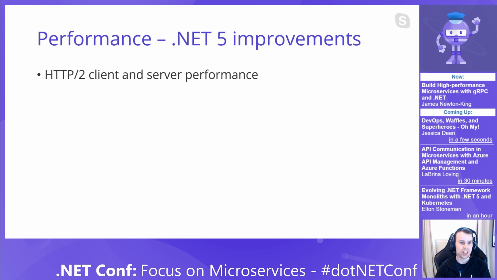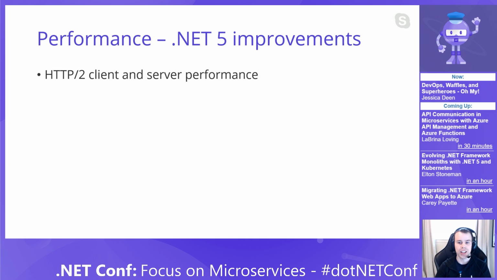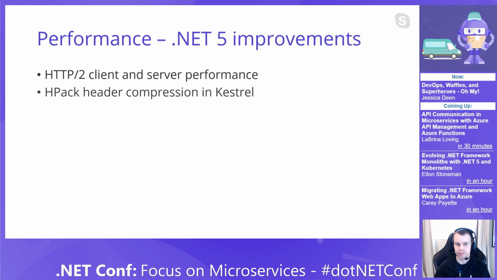These improvements are great because they benefit everyone who is using HTTP2 in .NET, not just gRPC. Kestrel now fully supports HPACK compression. So it supports taking large response headers, and if they're repeated multiple times, compressing them down to just a couple of bits. That just saves on network usage.